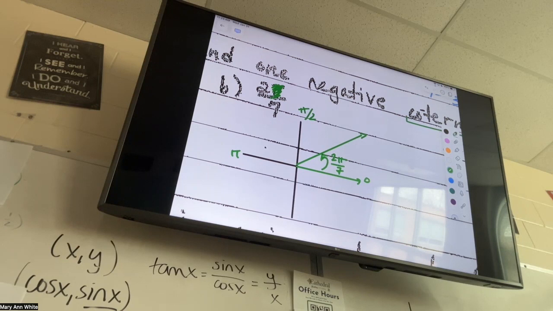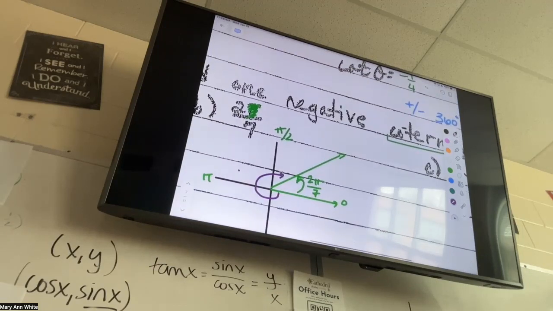Now I have to add and subtract 360. I don't care which order you do it in. Let's minus just because there's less lines on here right now. If I'm gonna minus it, I'm gonna do 2 pi over 7 minus 2 pi. The hardest part here is that you just need to get like denominators. So I need to make 2 pi as something pi over 7. 14, very good. 14 pi over 7.